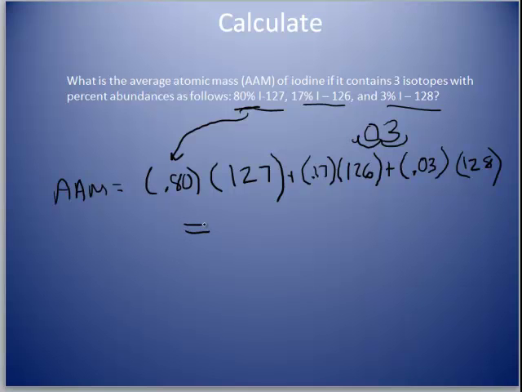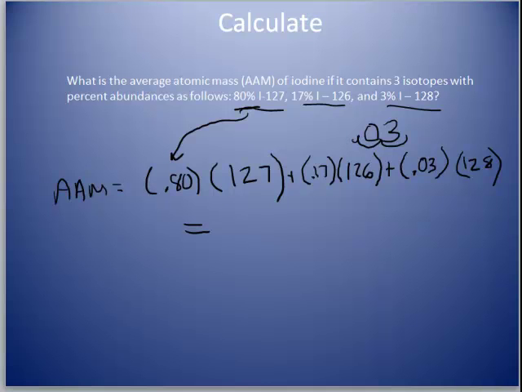So what we're going to do there is the math. Take out your calculators, and we will take 0.8 times 127 plus 0.17 times 126 plus 0.03 times 128.